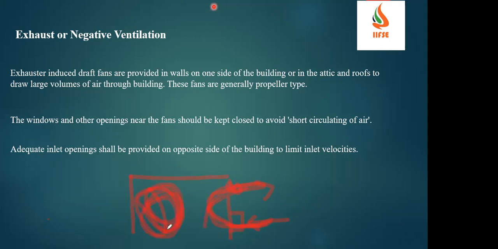So wherever there are windows and doors close by, they should not be open, or they should be in a closed position. So whenever you are putting in this mechanical ventilation system, what will happen? It will be taking out the complete air.